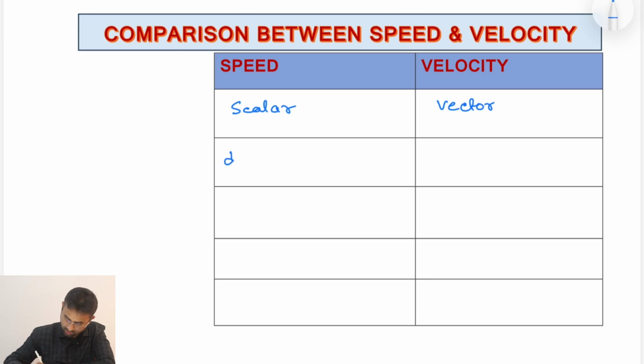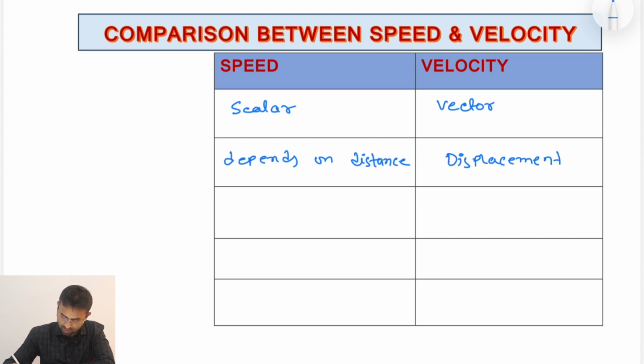Speed depends on the distance but velocity depends on displacement. Speed has magnitude only.